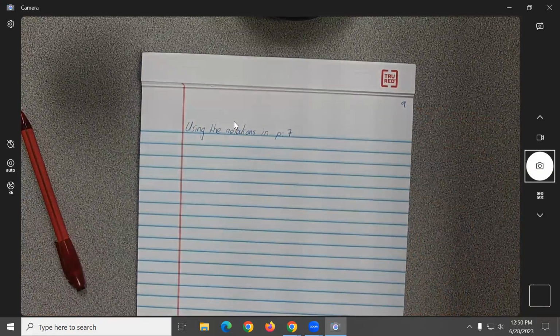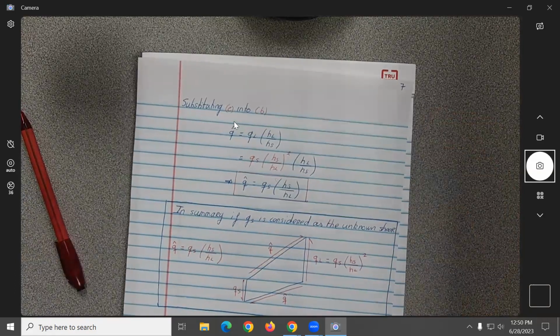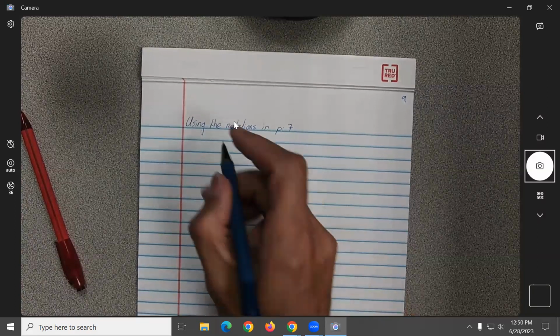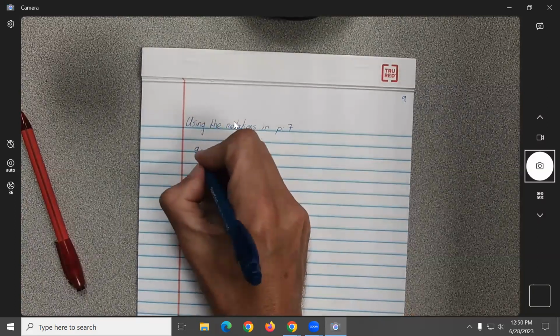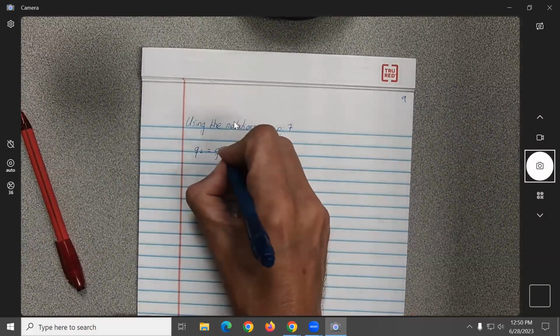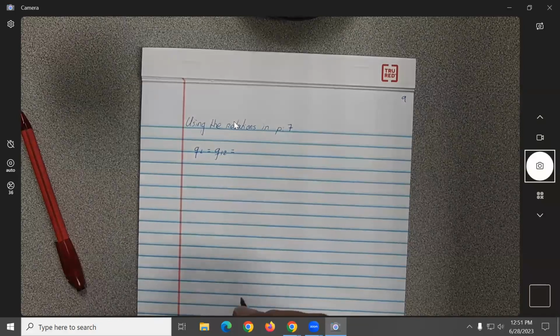I changed the number in recent class, but basically these equations here. We're going to get that Q long, what did we say was Q long? Q long is Q12, no? Yeah, Q12.